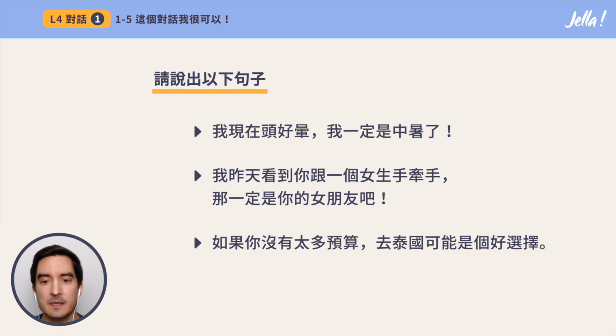Okay? So this is saying maybe, I'm not sure if this is true, but if this is true, then here's the choice. If you're on a tight budget, going to Thailand might be a good choice, okay? So this is using a phrase we learned in our dialogue, on a tight budget.